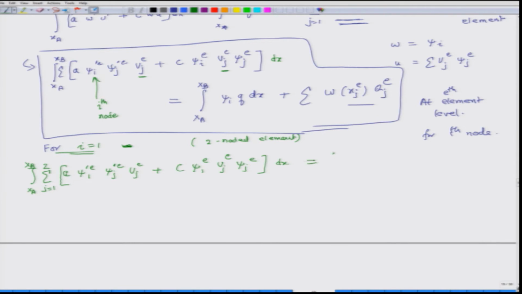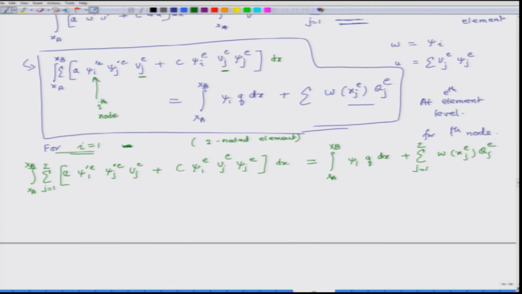Okay. And this equals the integral from x a to x b of psi 1 q dx plus the summation j equal to 1 to 2 of w at x j e times q j e.